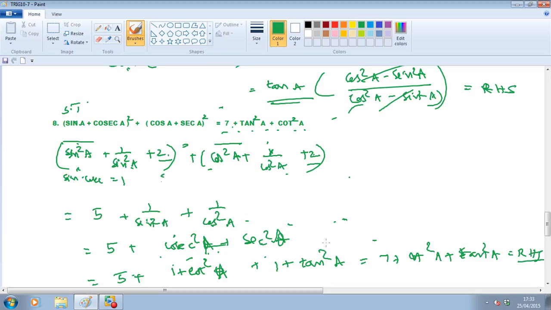Hence proved. Here we are using 1 plus tan square theta is equal to secant square theta, and 1 plus cot square theta is equal to cosecant square theta. These two formulas we are using.